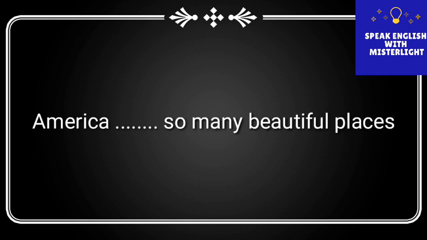Another example: America blank so many beautiful places. Instead of America, we can use it, and after it we need to use has, as I mentioned before. So the final result is America has so many beautiful places.